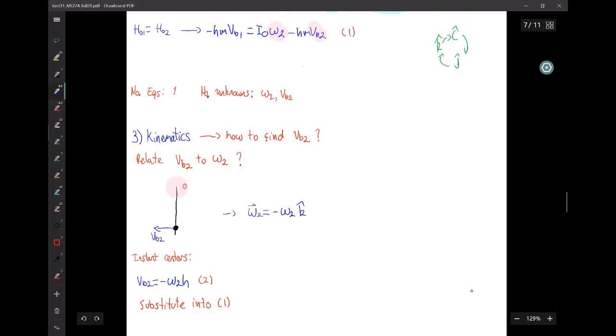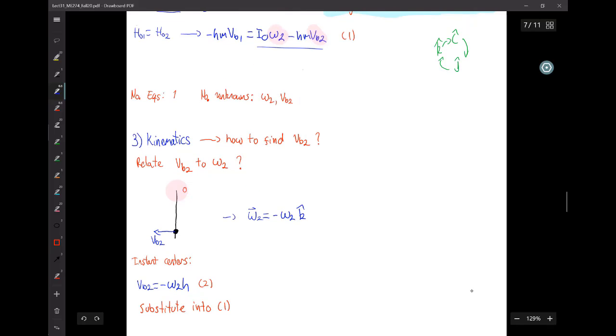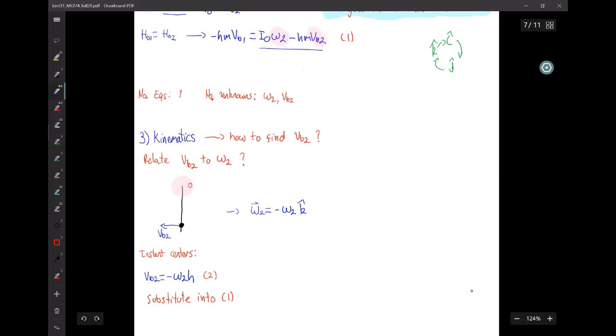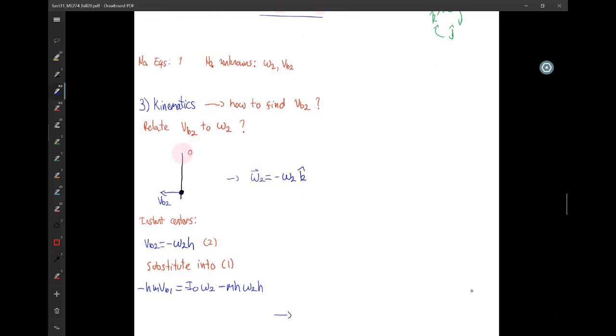Now, if I substitute this into equation number 1, then initially I have negative h m v b1, which equals I_O omega 2. This is negative because omega 2 is negative. And here I have negative, I had already calculated this, m h squared omega 2. So everything is negative.